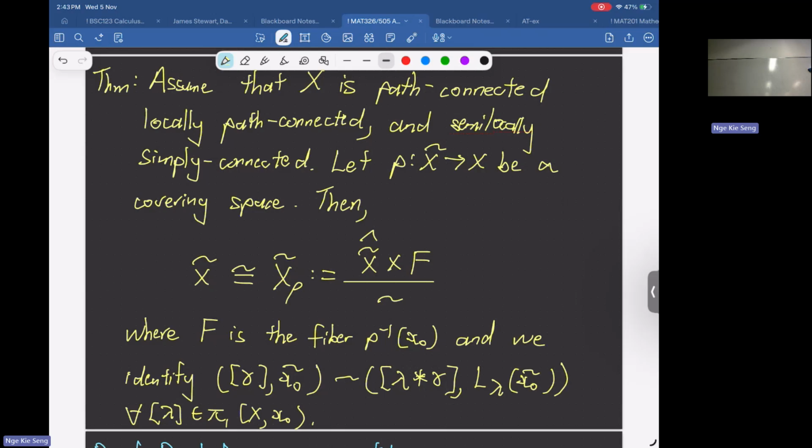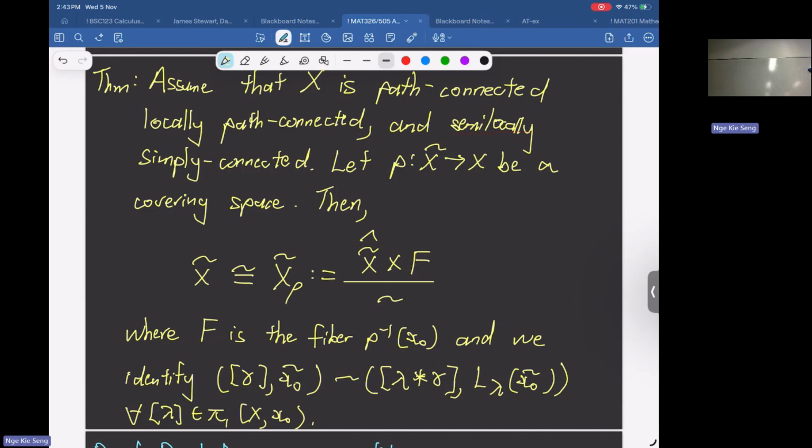If you take any covering space, then we can build it from the universal cover. What we're going to do is take the universal cover, the set of equivalence classes of paths, and then cross it with this fiber, which is the inverse image of your base point.